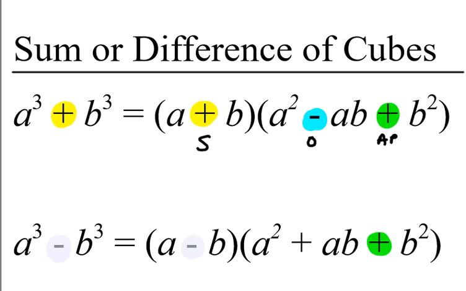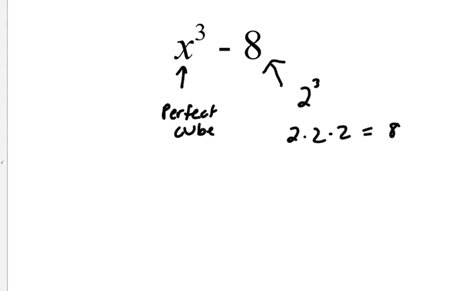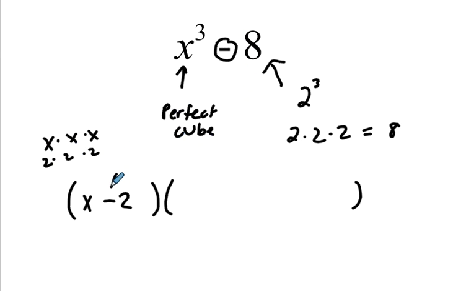So let's go back to that last one. Our binomial is going to be x minus 2, because x times x times x is x cubed, and 2 times 2 times 2 is 8. Notice this is that same negative that I have there. Now this one's going to be x squared.